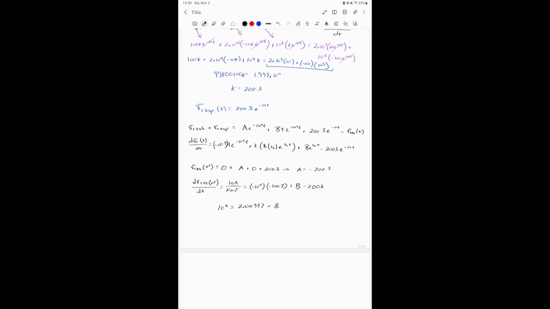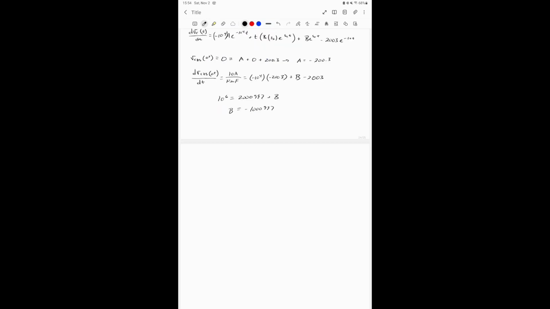And then let's do 10 to the 6th minus that answer. We're going to get b is equal to negative 1,997,000.